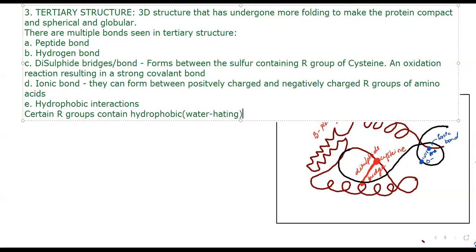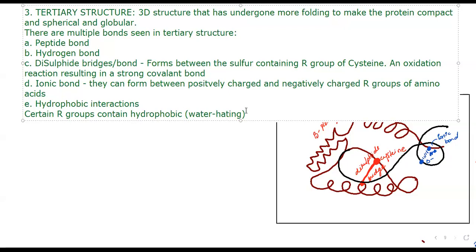For example, a lot of your alkane type of groups, CH2, CH2, CH3, with a lot of alkanes in it, no oxygen, nothing like that. Just an alkane, CH2, CH2, something like that. So that would be hydrophobic, and those R groups are hydrophobic.